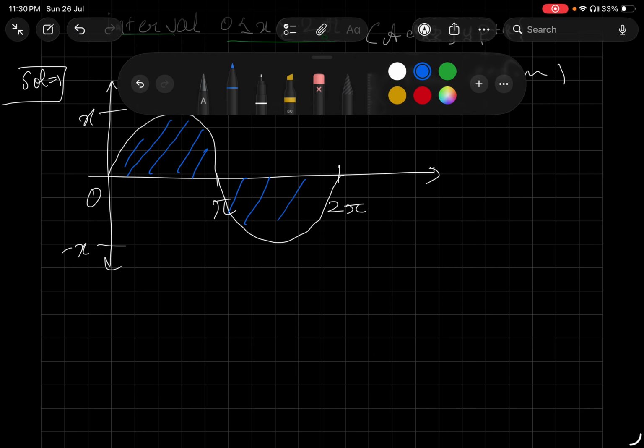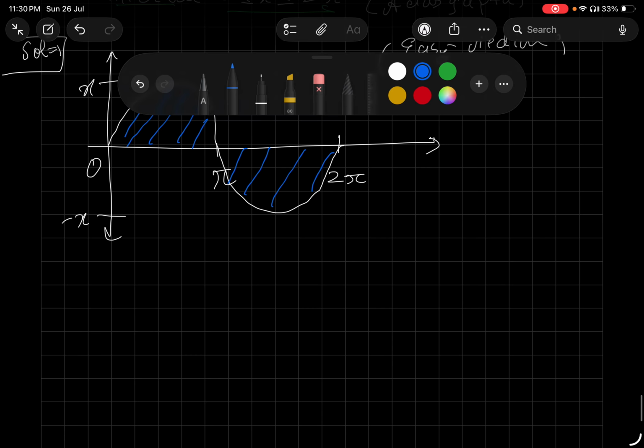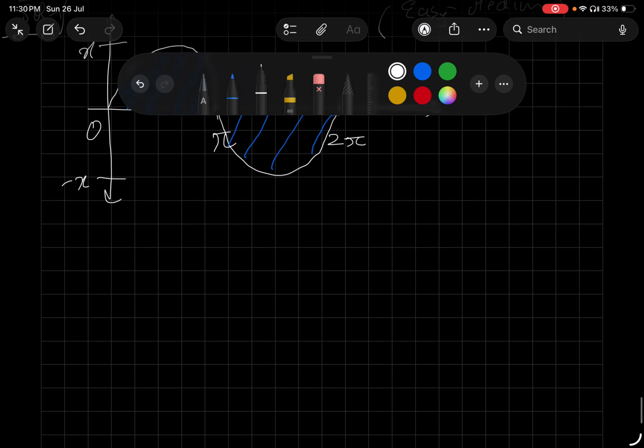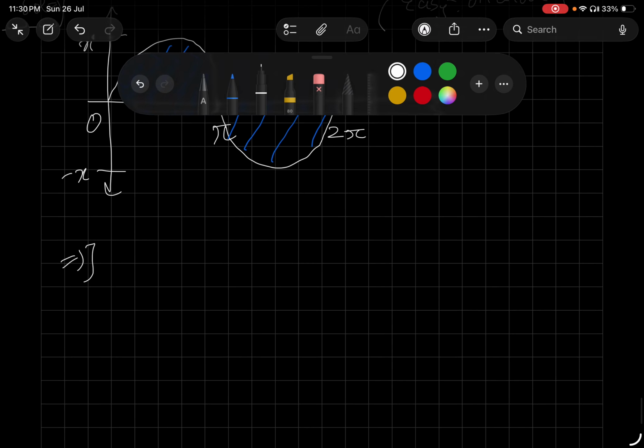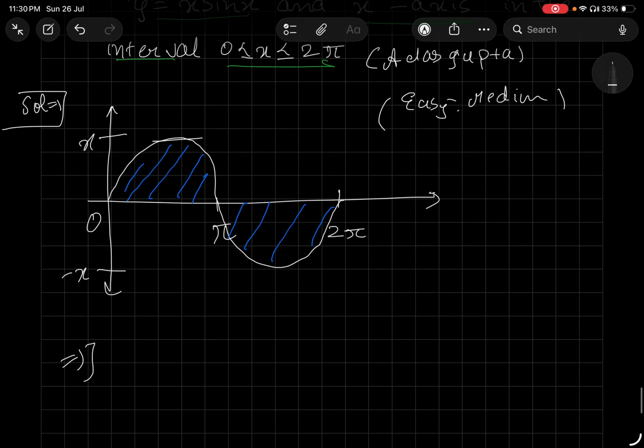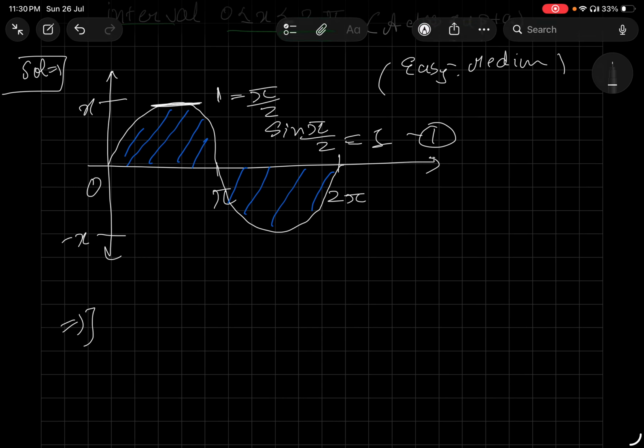How much I have studied till today is that this is where we touch 1, and sin pi by 2 equals 1. The points of intersection or the critical points are usually the points where we break the limit.